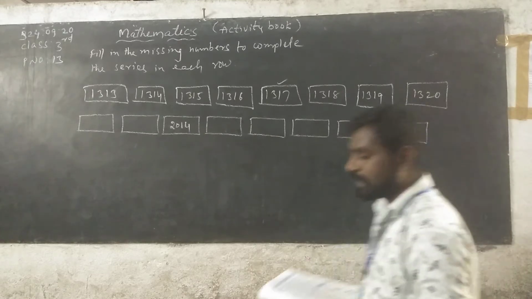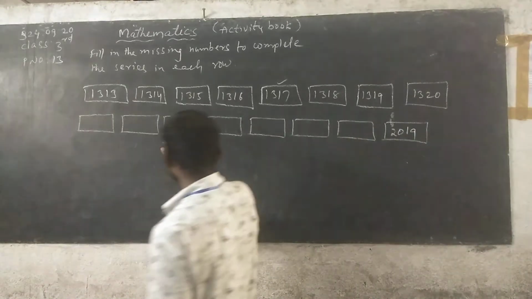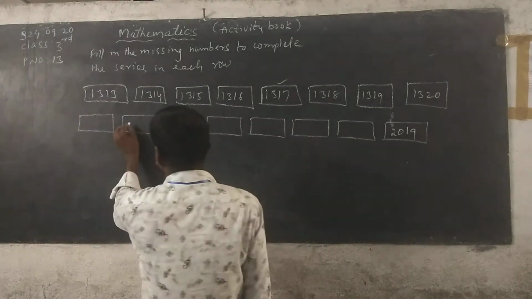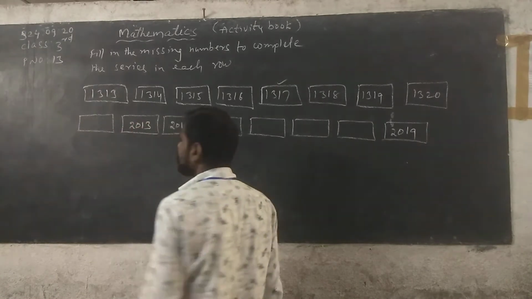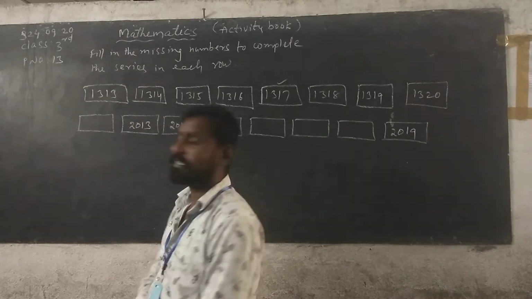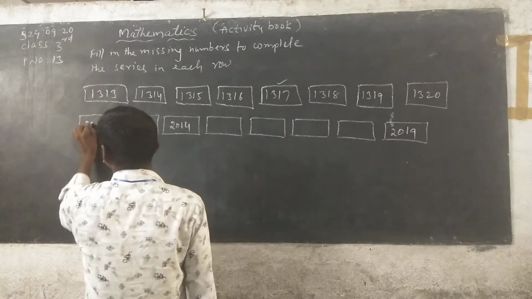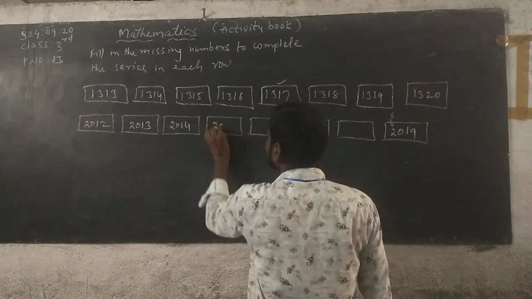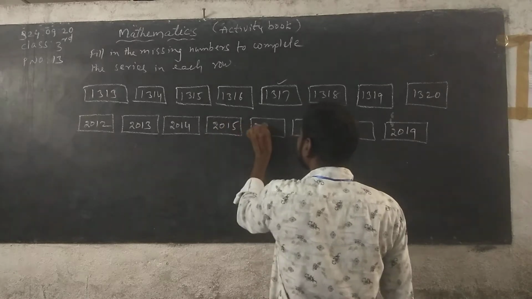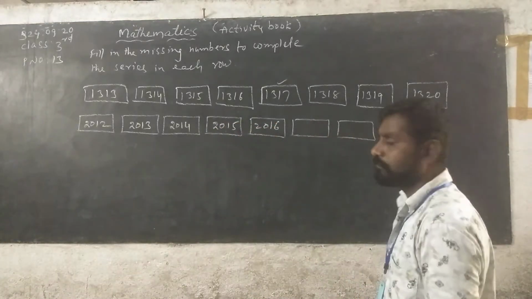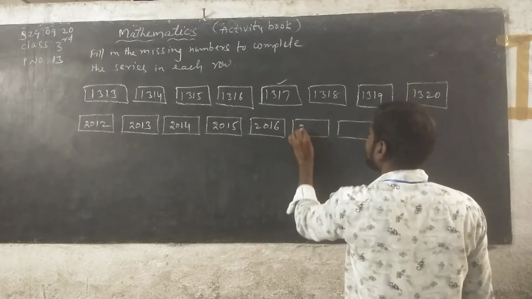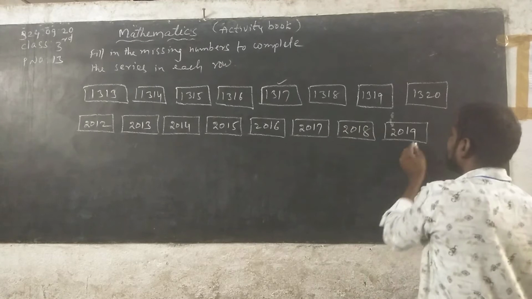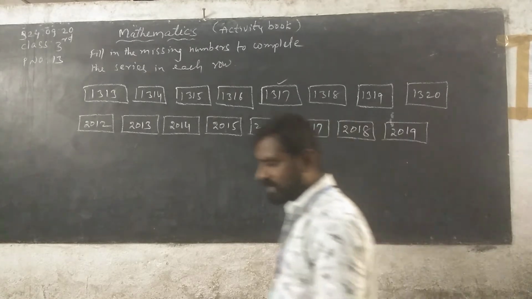Look at the blackboard, everybody. 2014 before number is 2013. 2013 before number is 2012. Now next, 2014 after 2015, 2015 after 2016, 2016 after 2017, 2017 after 2018 and 2019 already given in your activity book.